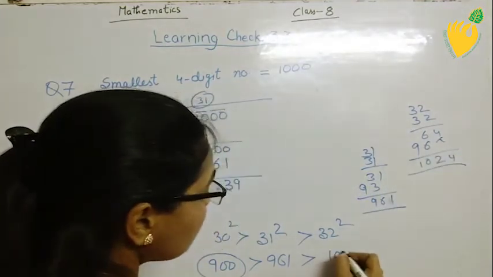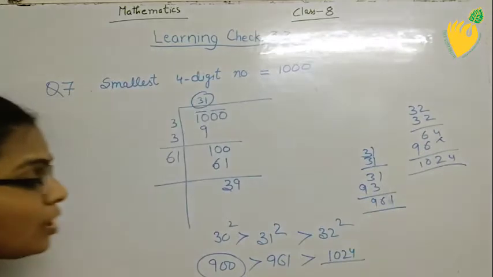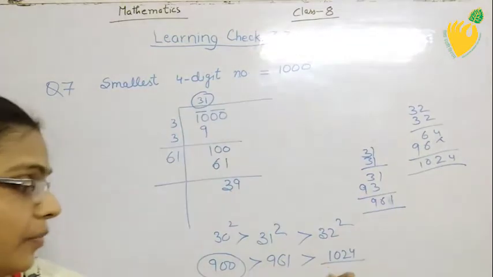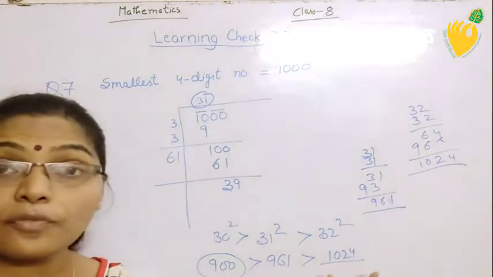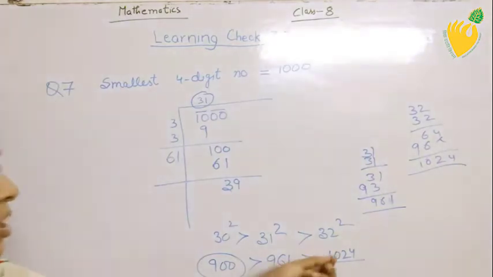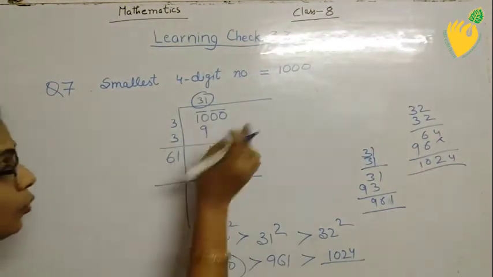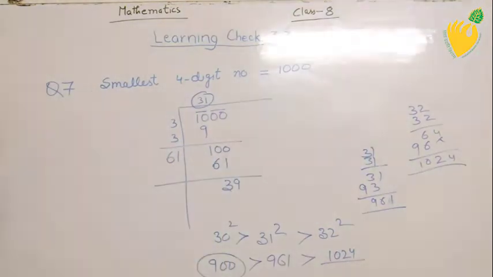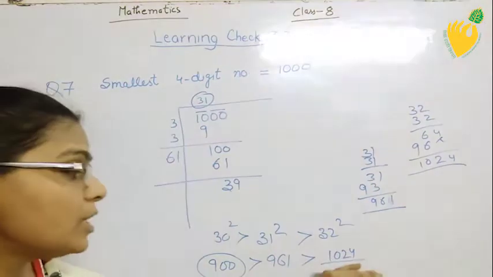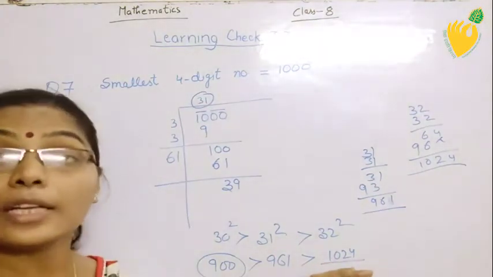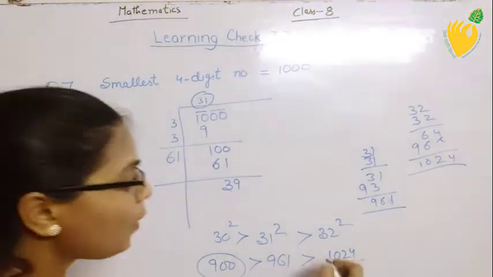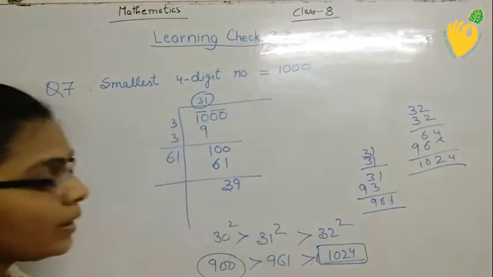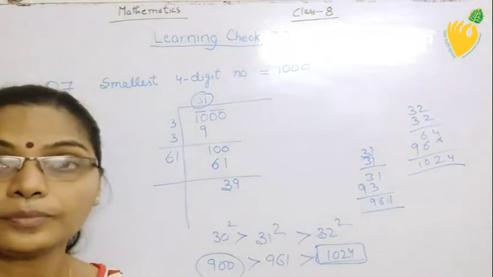And 1024. So this number, 1024, is a 4 digit number, which is just near to 1000. That means you can say this is the smallest 4 digit number which is a perfect square. So our required number is 1024.